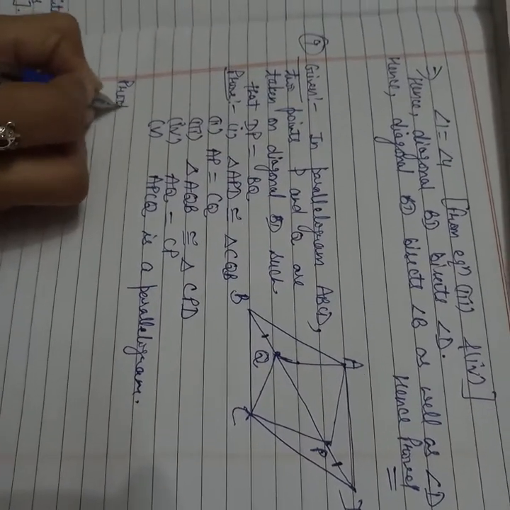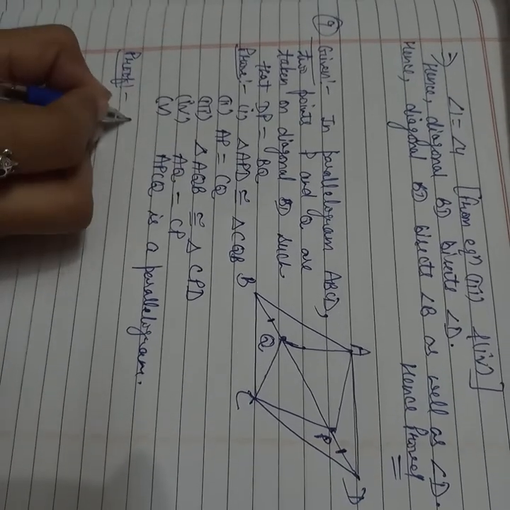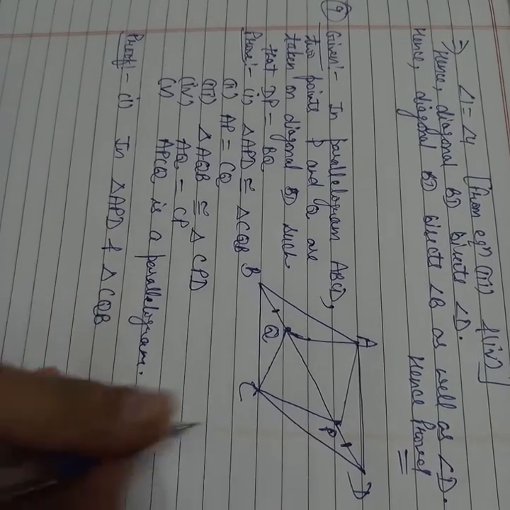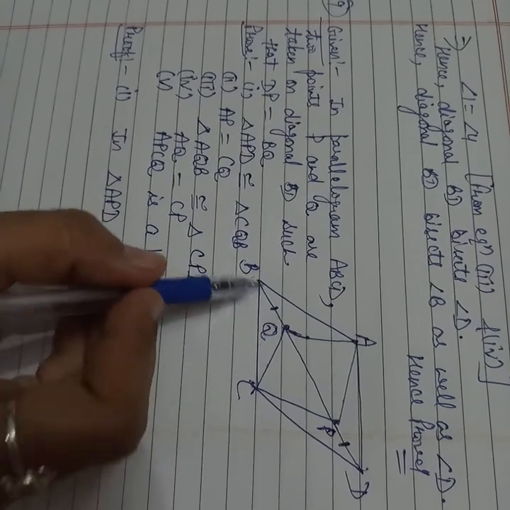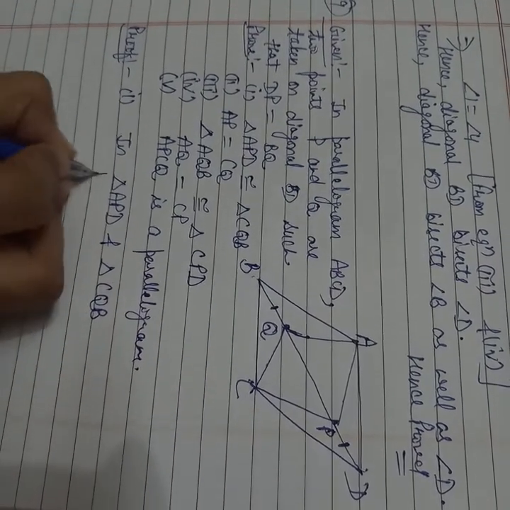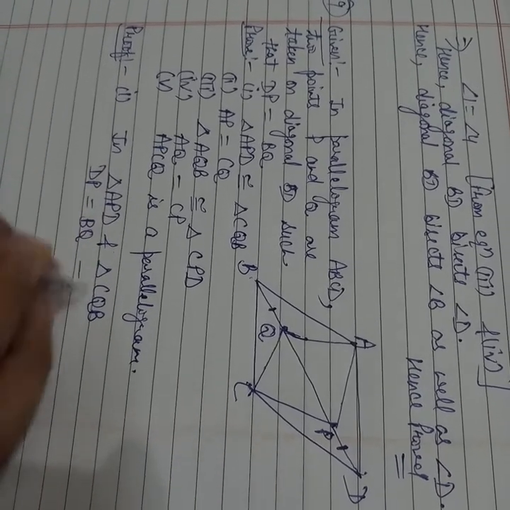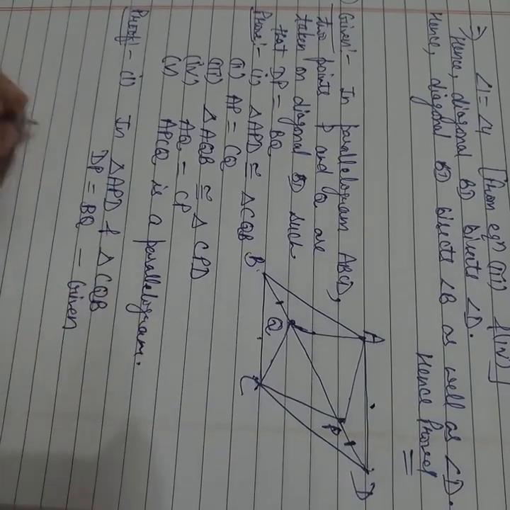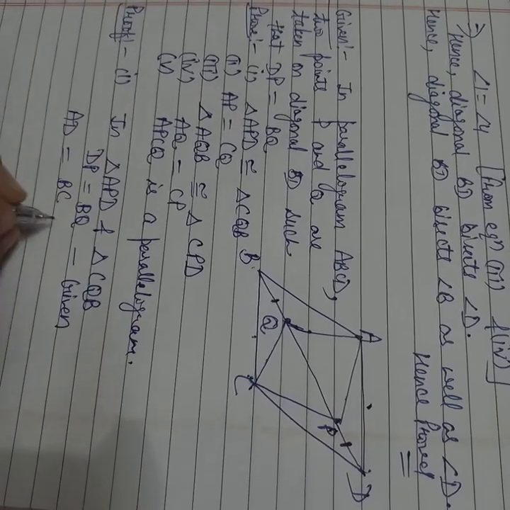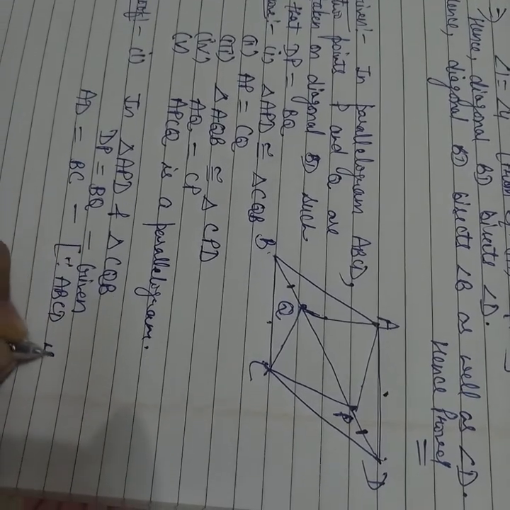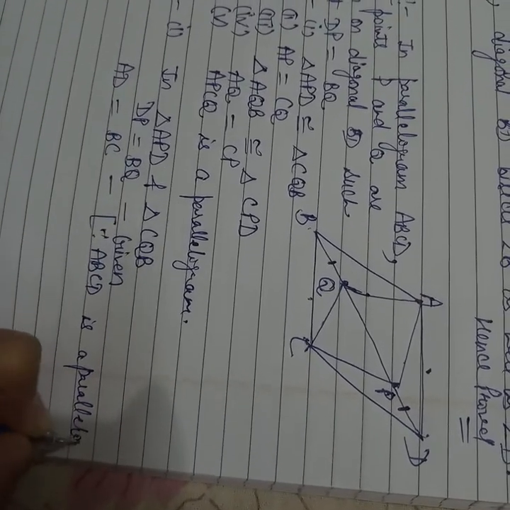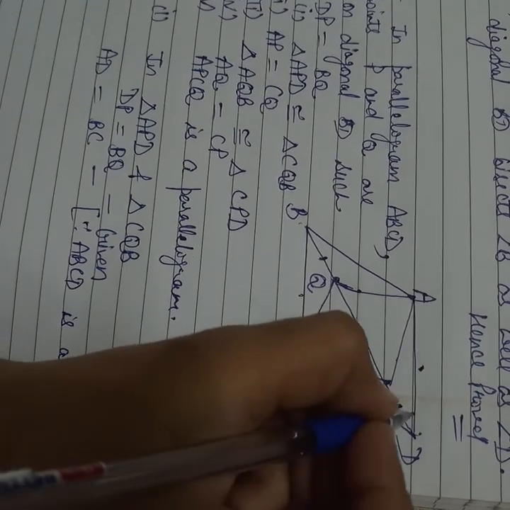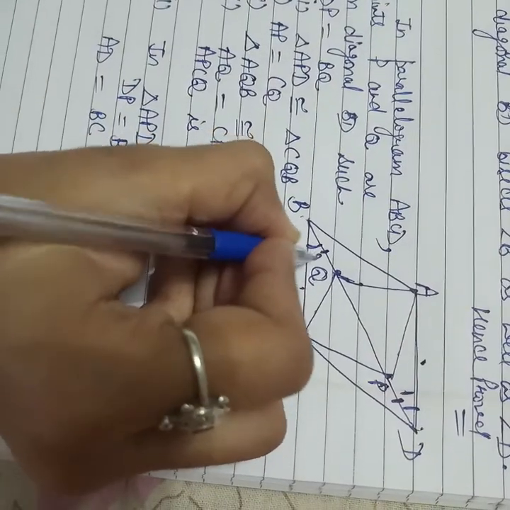In proof, first part, in triangle APD and triangle CQB, DP equals BQ given, AD equals BC, because ABCD is a parallelogram, therefore opposite sides are equal, and let this is angle 1, this is angle 2.